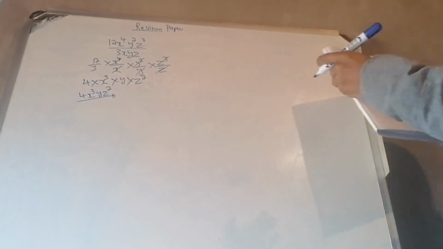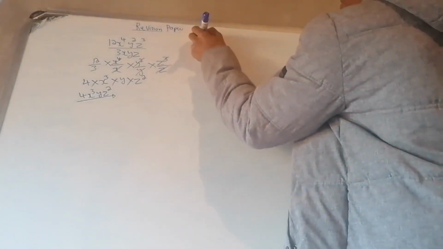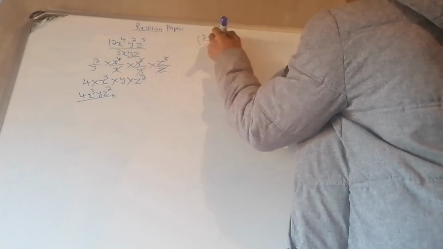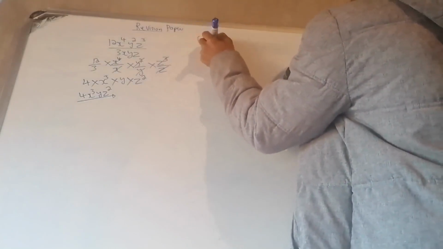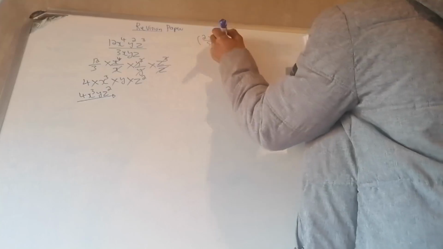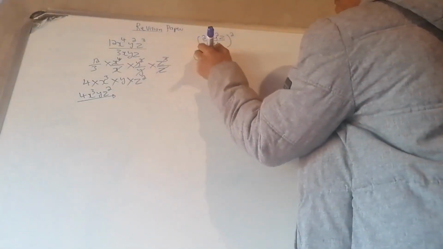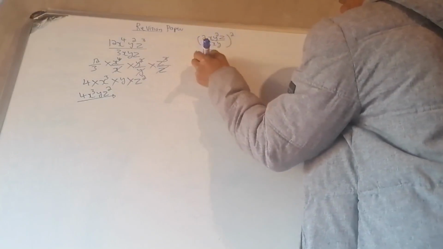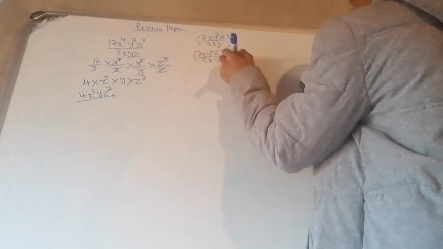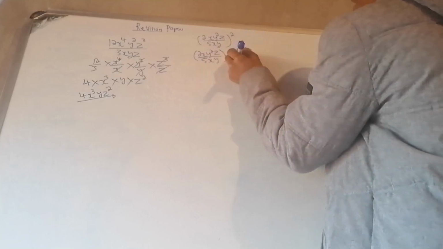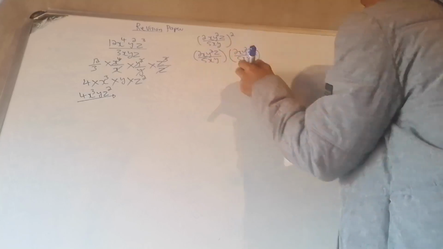Now, another one. 2xy squared z divided by 5xy.